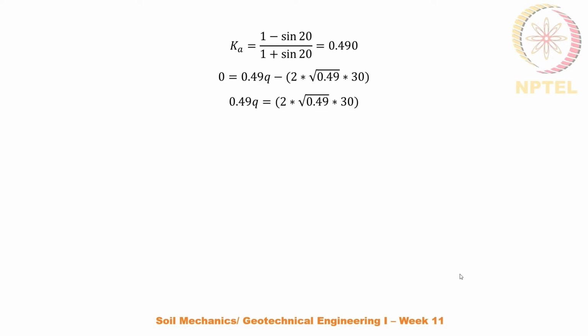So rearranging for the value of Q, we get 0.49Q is equal to 42 or Q is equal to 85.714. So that is the magnitude of surcharge if placed over the backfill, which can prevent the formation of any tension cracks. So, hope that is clear to you.